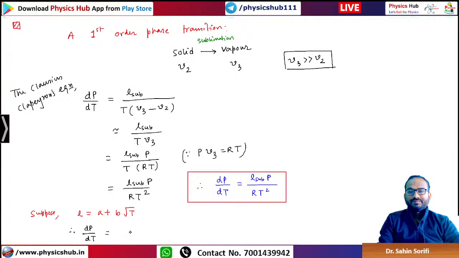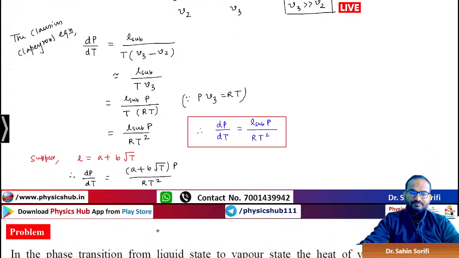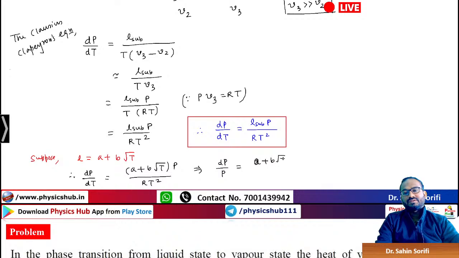Look, dP by dT is equal to L sublimation into P. L sublimation is A plus B root T, into P divided by R T square. So we can say dP upon P is equal to A plus B root T divided by R T square dT.